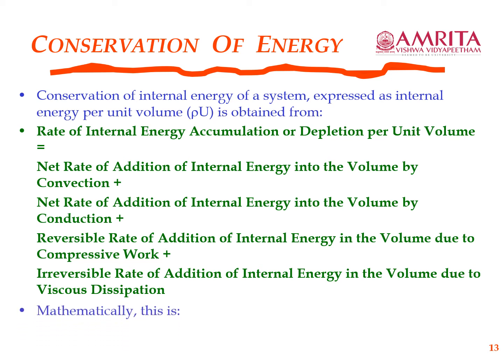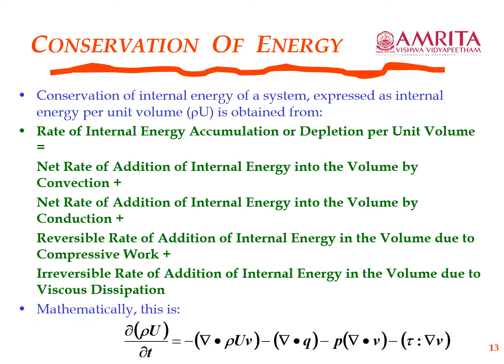Now mathematically this is given by this particular equation, where the left hand side is basically the rate of internal energy accumulation and depletion. Then the convective term, you see, has a very similar structure to the convective term for species as well as for overall mass, right? So the del dot rho U V, right?